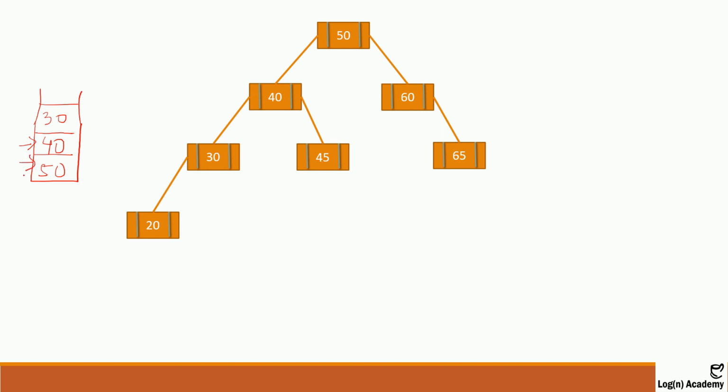But in a threaded binary tree, we can point the null references to the in order successor. Now, who is the successor? The successor is the one which comes after.